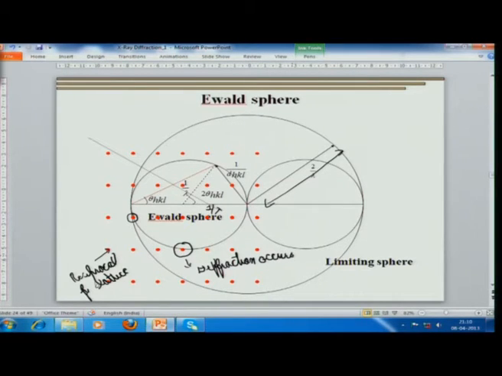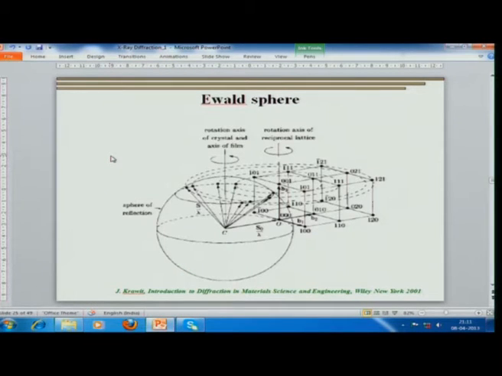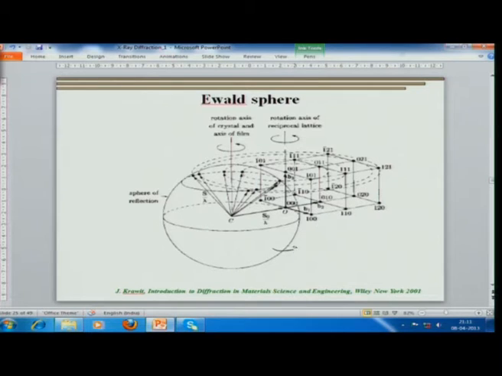Having said that, you can now imagine that by varying either the reciprocal lattice or the Ewald sphere, we can get diffraction in a material or in the crystal of our interest. This is what has been shown in this slide, and herein I have shown a 3D representation instead of a normal 2D representation, and here we can see how exactly the Ewald sphere looks.